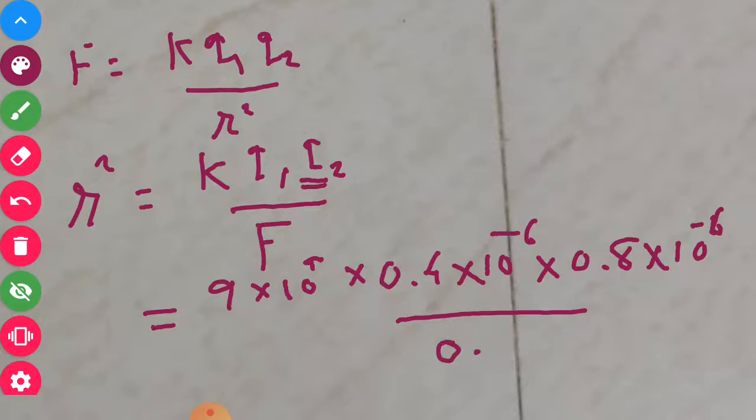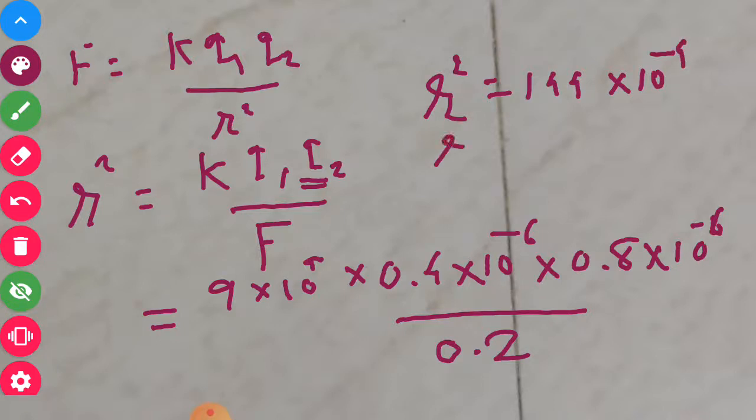If you simplify this, then you will get the value as 144 into 10 raised to minus 4. If you take the square root, R square will be 144 into 10 raised to minus 4.